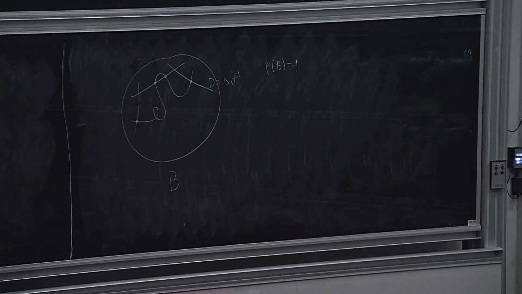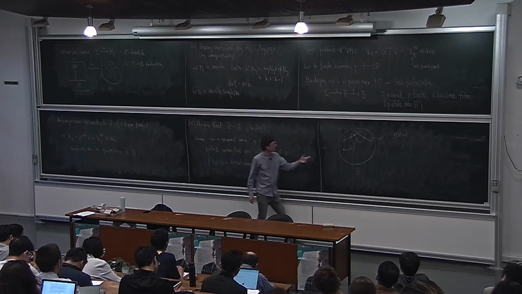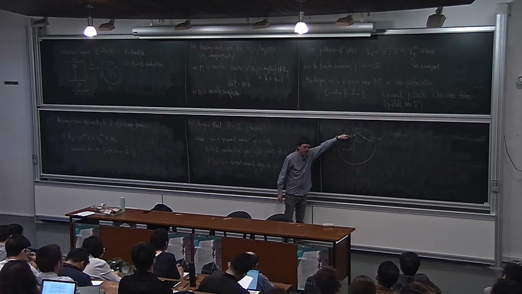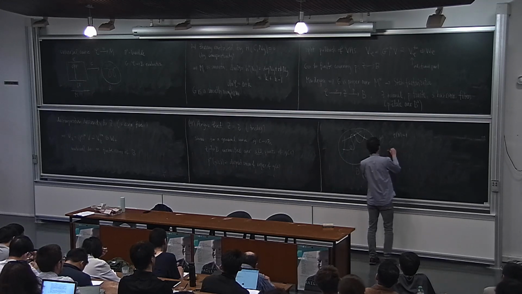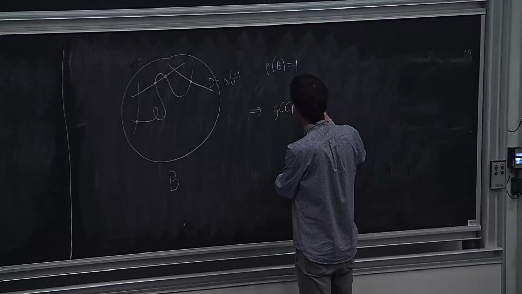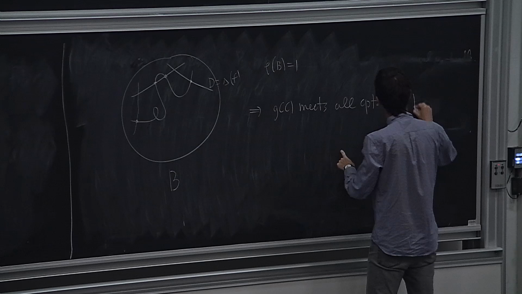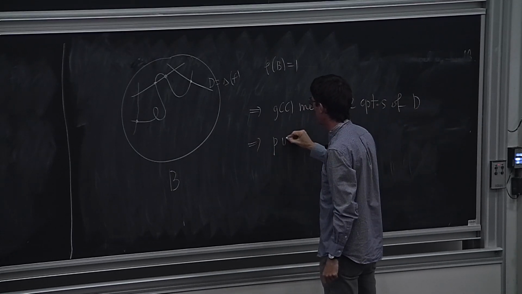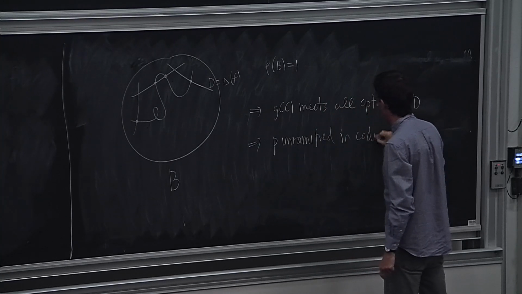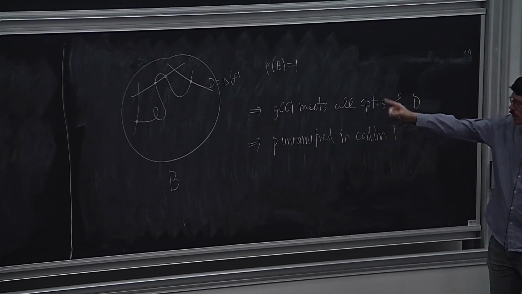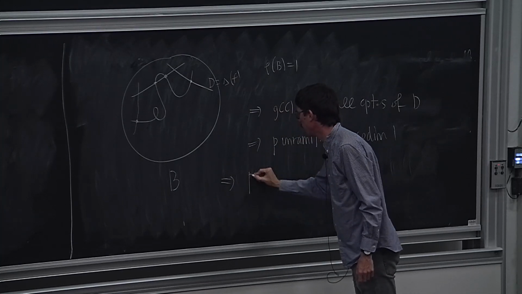Okay, and so if I know that this covering is unramified at every point of the general curve, then I get that it's unramified at the general point of each component of this discriminant divisor. Right? So this says that G of C meets all components of D, and therefore pi is unramified in codimension 1, because I get a general point of every component of D. And then by purity of the branch locus, this means that pi is actually étale.